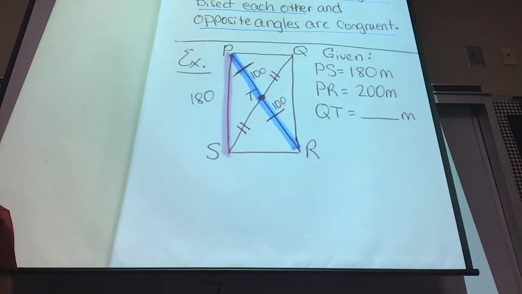So, can anybody think of anything else that I know that I may not have put up here? You still didn't divide it. Didn't divide what?